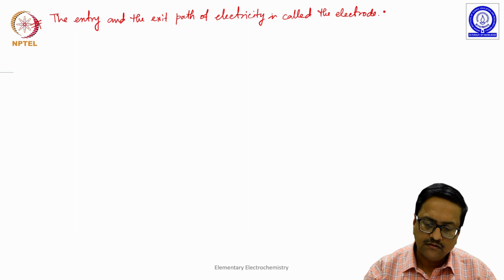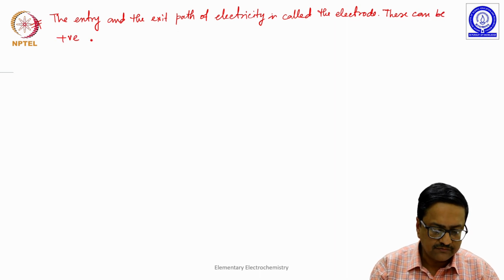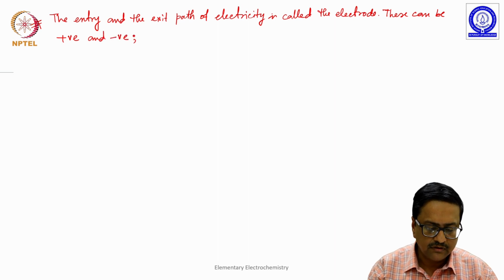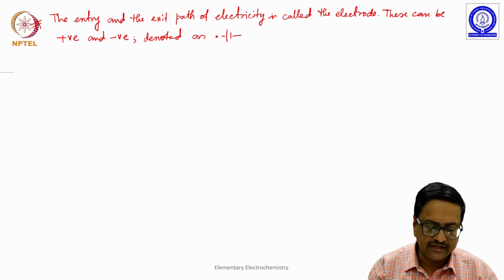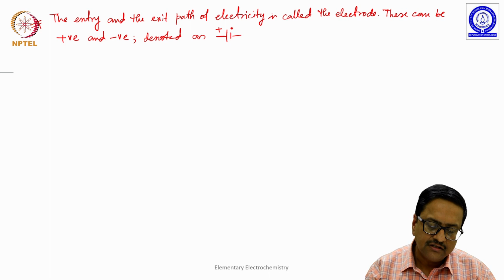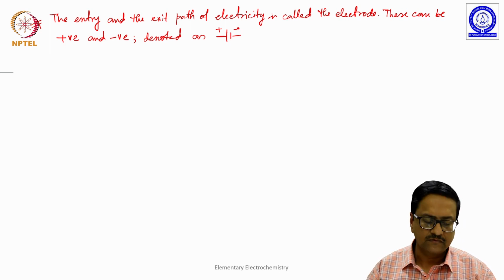These can be positive and negative, denoted as these two signs. So, this side is plus and the other side is minus.